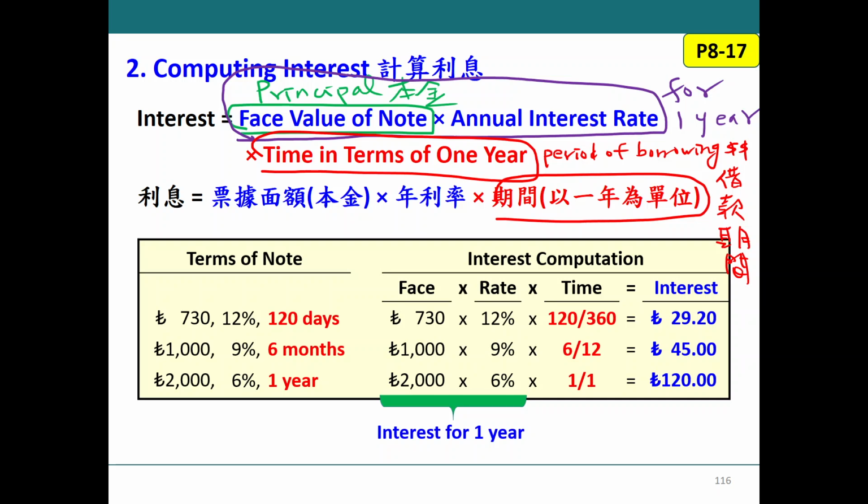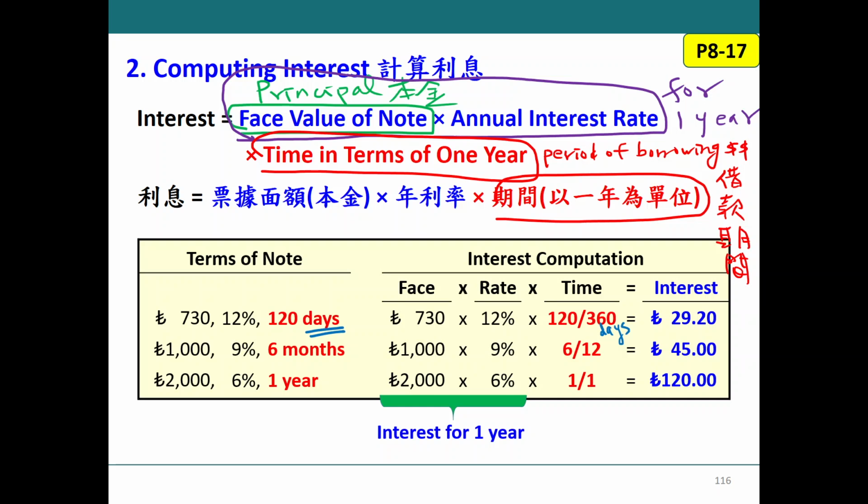So since we express it in days, it's easier for you to calculate your interest, okay? So for interest, you had to pay it only 120 days. So how much?